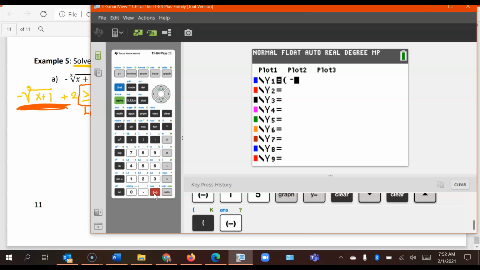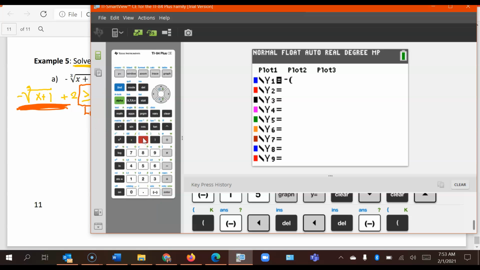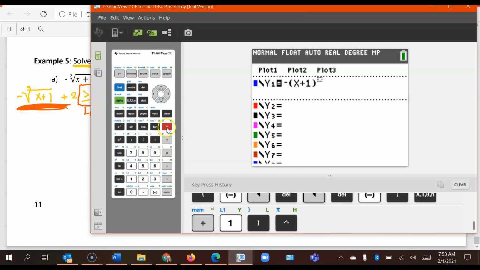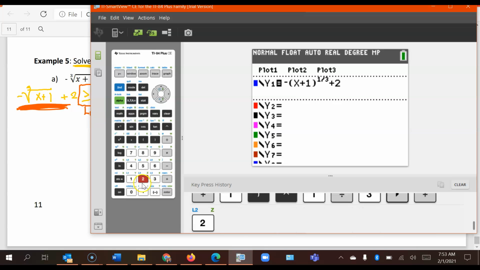Negative, parentheses, x plus 1, parentheses, raised to 1 divided by 3. So that's the cubed root right there. Plus 2. All right, there we have it.